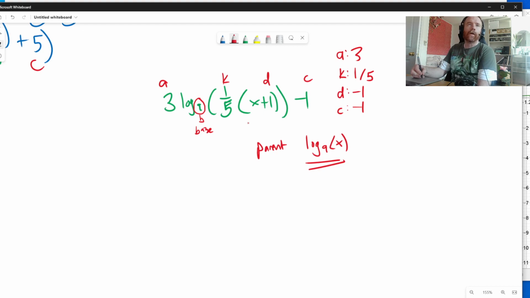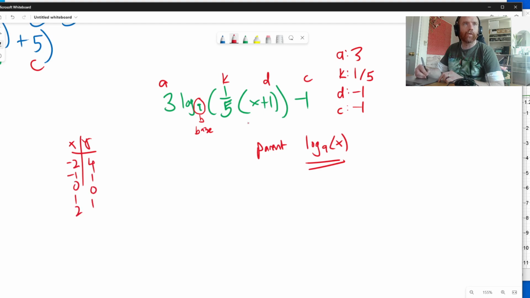For a quadratic, it's x, y: -2, -1, 0, 1, 2, and you get 4, 1, 0, 1, 4. That's your parent function for a quadratic. When you're doing a log, every time you do a log, it's a different parent. And so it's not so easy to memorize a table of values that will always work.